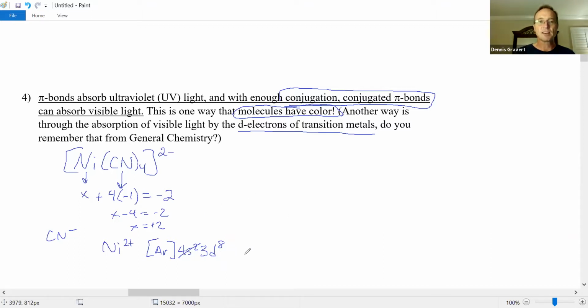You could draw the d electrons in the normal form like this. You're supposed to spread out all 8 and then start pairing up. But in a transition metal complex, especially with these strong field ligands, and it's an octahedral complex. Is it octahedral? There's only 4 of them there. Probably should have put more groups on there.